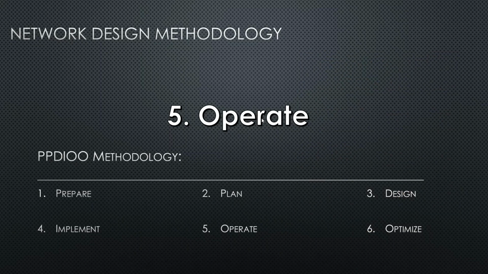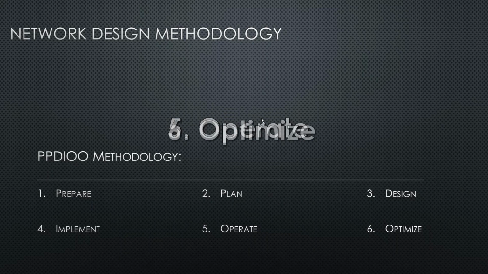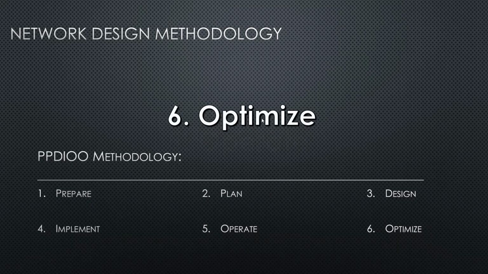The fifth phase in the methodology is the operate phase, which comes after the implement phase. Operation is the final test of the design's appropriateness. I used this phase by operating the network several times and verifying that the project meets all requirements and restrictions. Then the last phase in the methodology is the optimize phase.